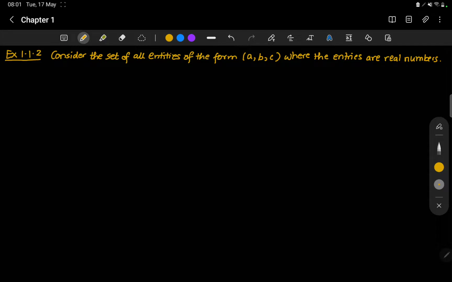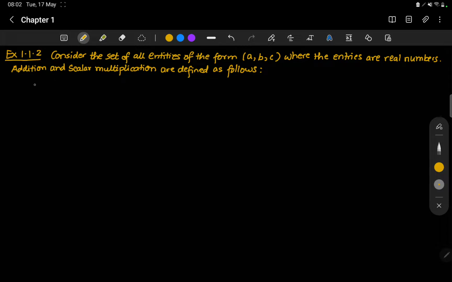Okay. Now for this set of entities, the addition and the scalar multiplication. Remember that for linear vector spaces, we have defined the addition of the vectors and scalar multiplication. That was the definition based on which we had certain axioms, and they are defined as follows.